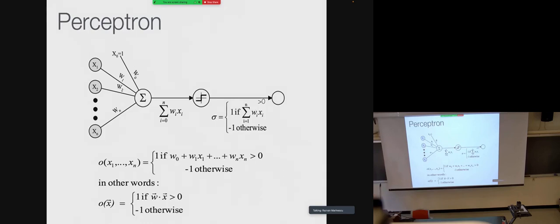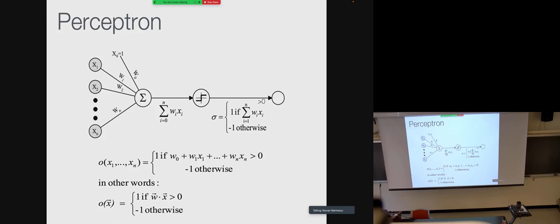So this was the perceptron neuron we saw earlier in the course, and here the activation function, in particular in the perceptron, is this function here, where if the weighted inputs are bigger than 0, then we activate it with a 1.